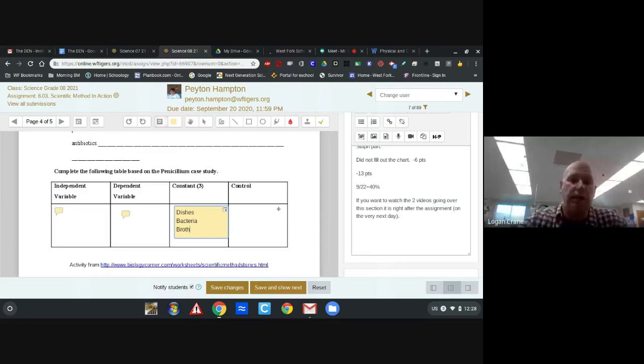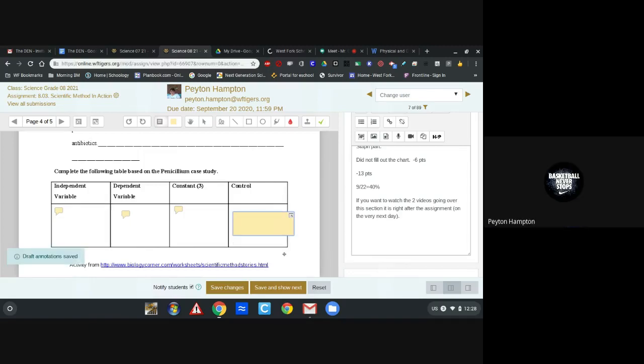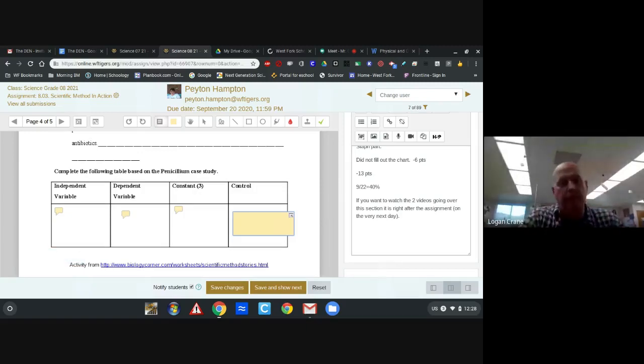All right. Then which group do you think would be the control group? Now, this is the group that's normal. The group that's going to die, or the group that's going to live? Which one do you think? Live. All right. So the normal group is your group that you expect no change to occur. Does that make sense?